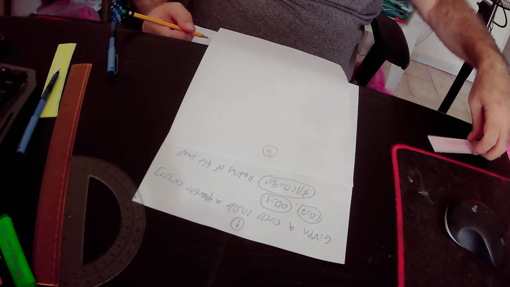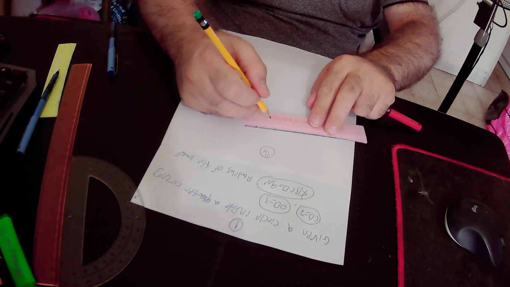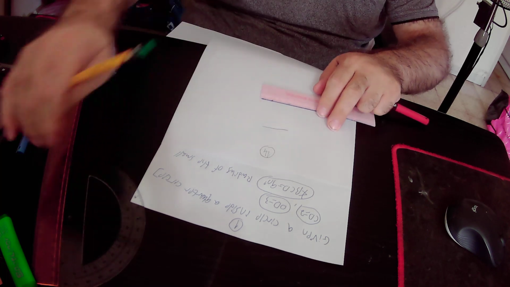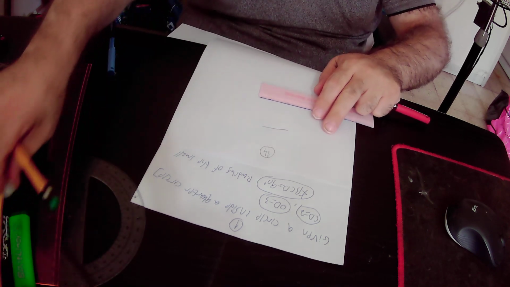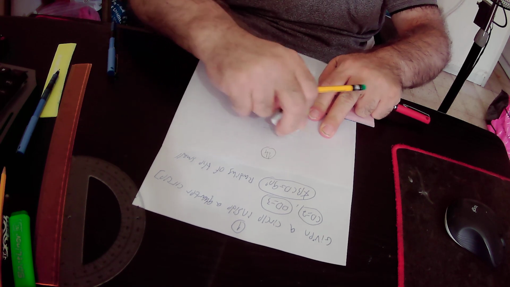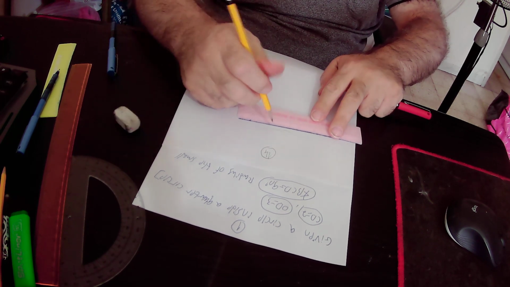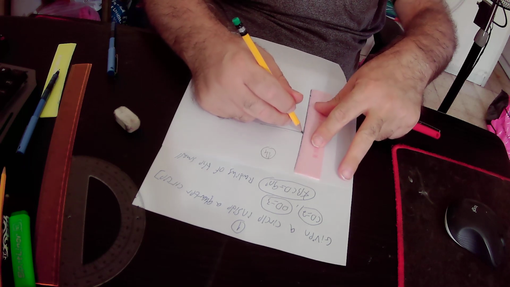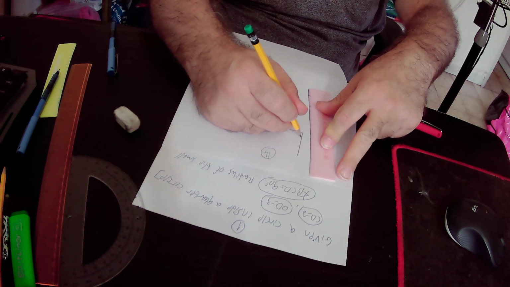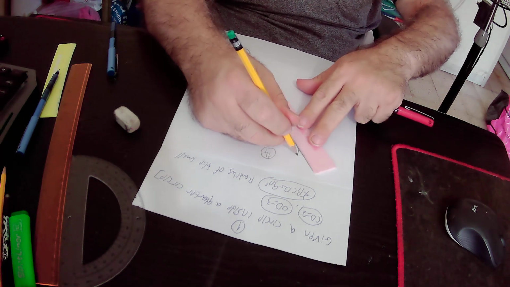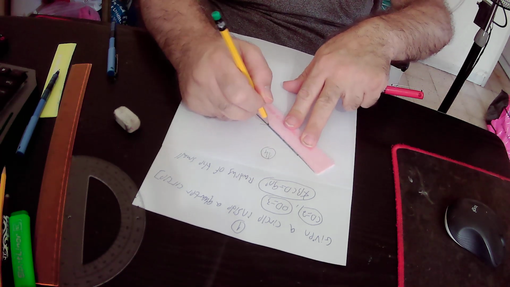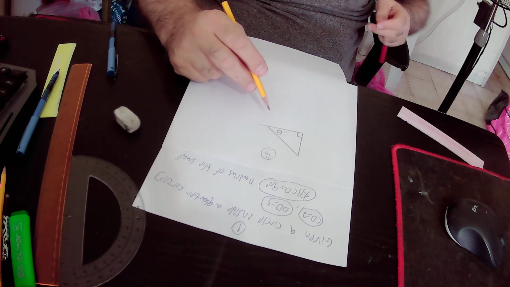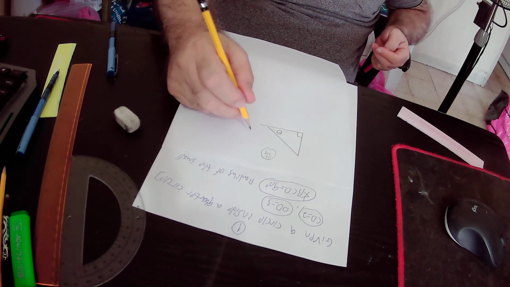So if we have a right triangle, so this angle is 90 degrees, and here we have angle theta, so angle theta must be less than 90 degrees.